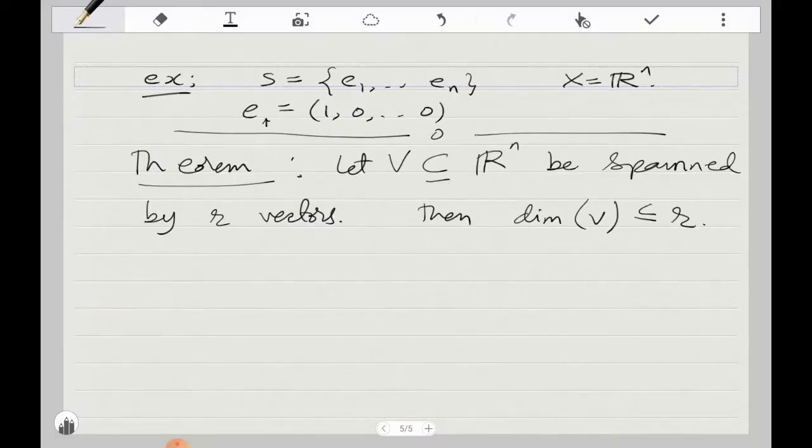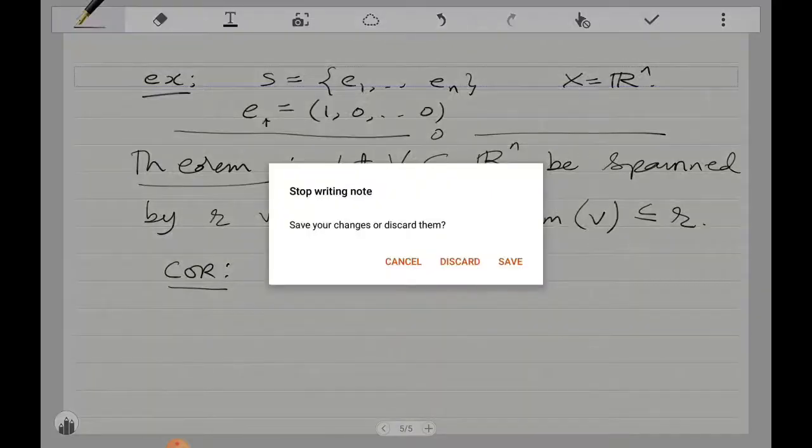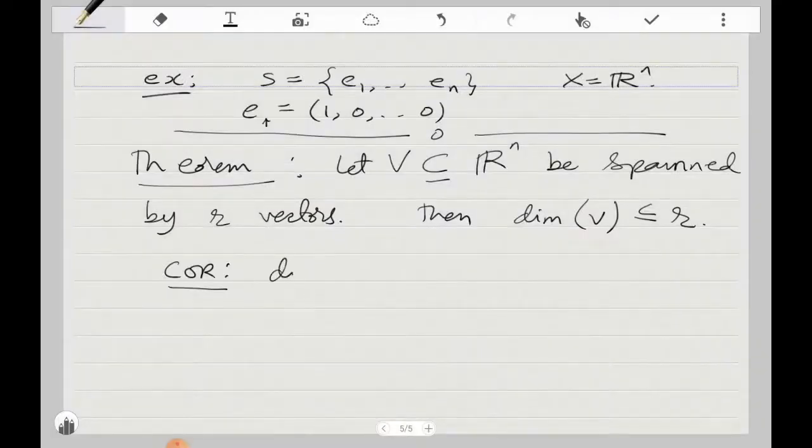So the corollary is that the dimension of R^n is equal to n.